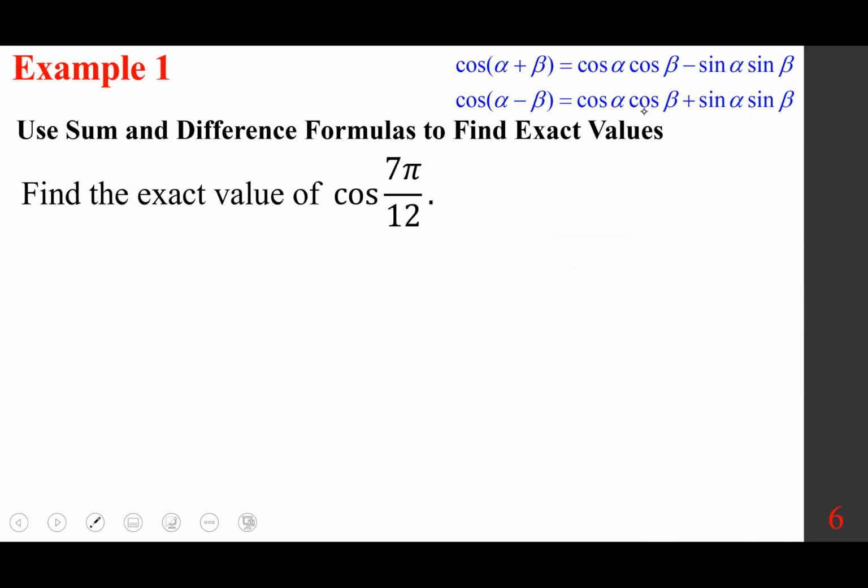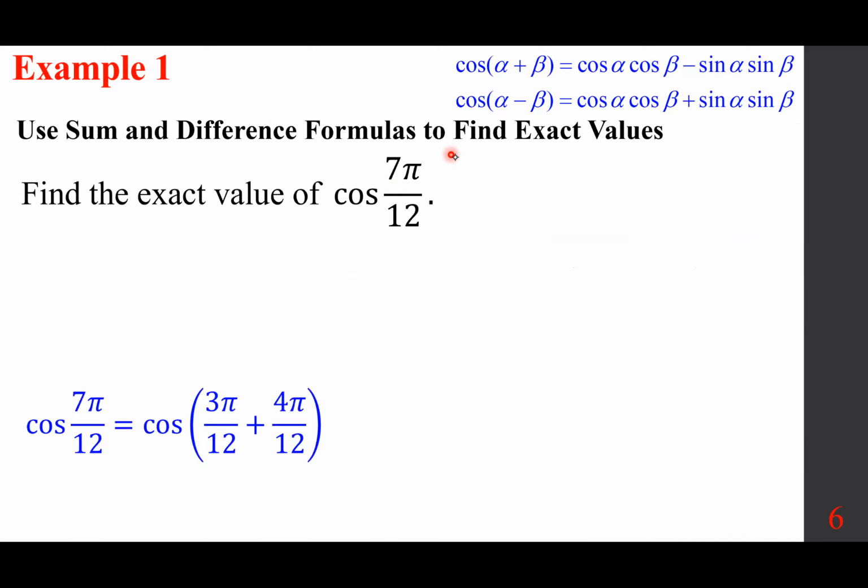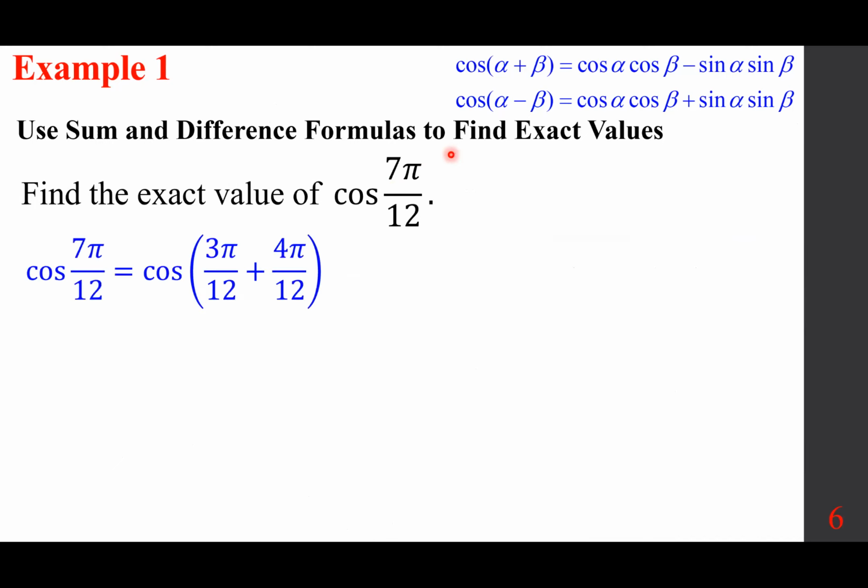Now let's use them. We are interested in finding the exact value of cosine of 7 pi over 12. So we want to cut it into two pieces such that both of them are common arcs. 7 pi, it's 3 pi and 4 pi, each one divided by 12. 3 pi over 12 is pi over 4. 4 pi over 12 is pi over 3, and each one is a common arc.